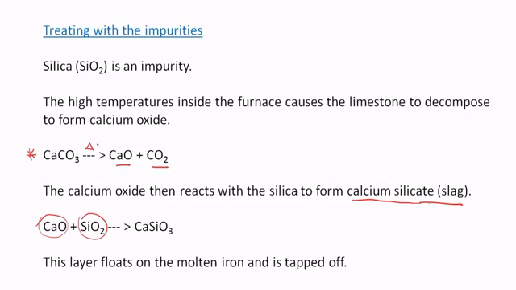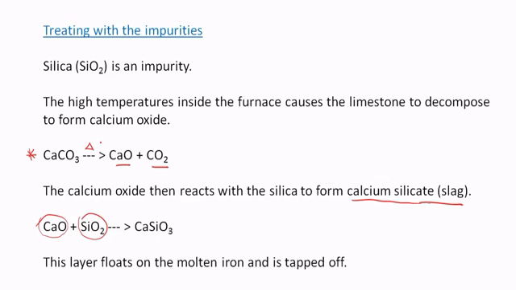So, just to summarize, the position in the activity series is what determines the method of extraction. At the top of the reactivity series, we have the most reactive elements, and they form very stable ores. And therefore, we have to use a strong method of extraction, and therefore we use electrolysis for those elements.